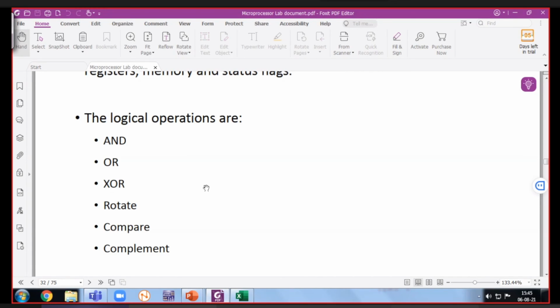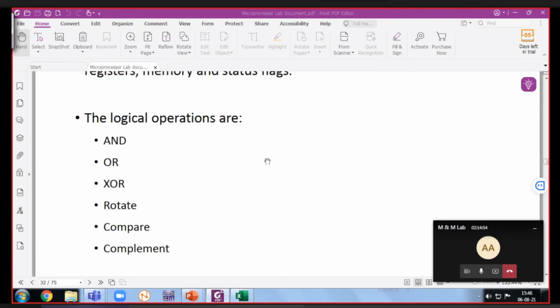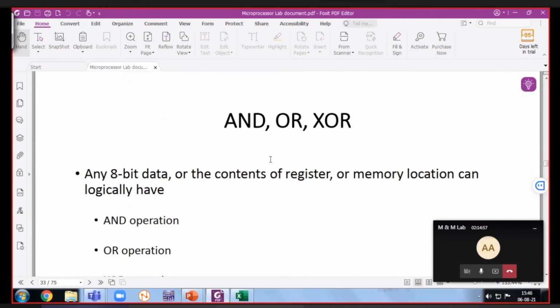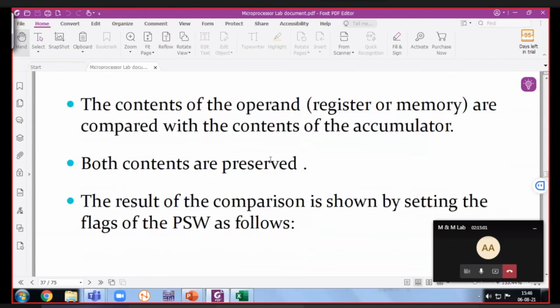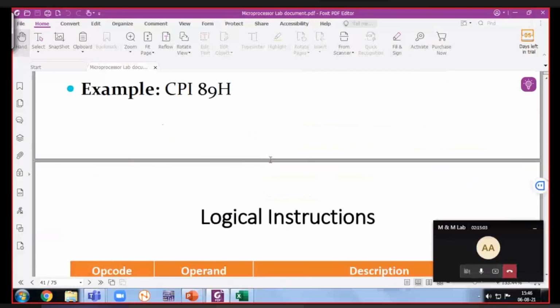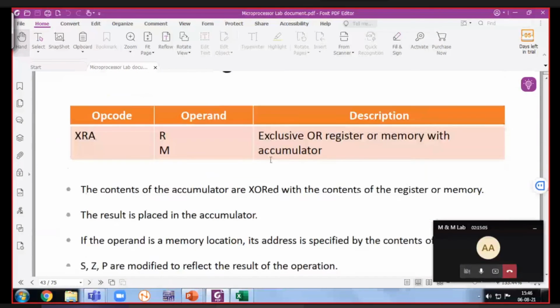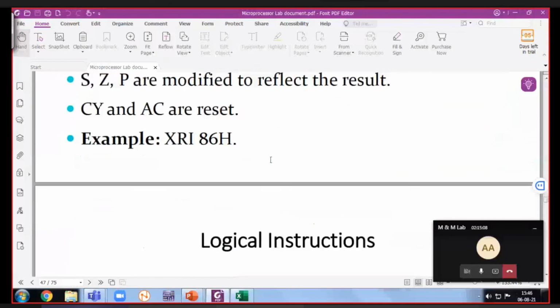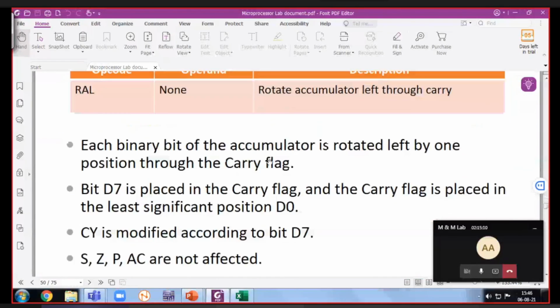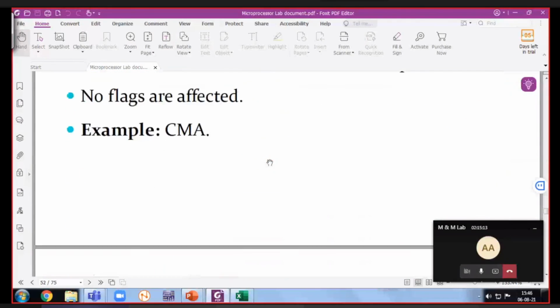Ankush is there. Yes, sir. Okay Ankush, the logical instructions, then branch instructions, all these I will explain in the next class. Any confusion till now? And from now onwards, attendance is mandatory, so be careful.